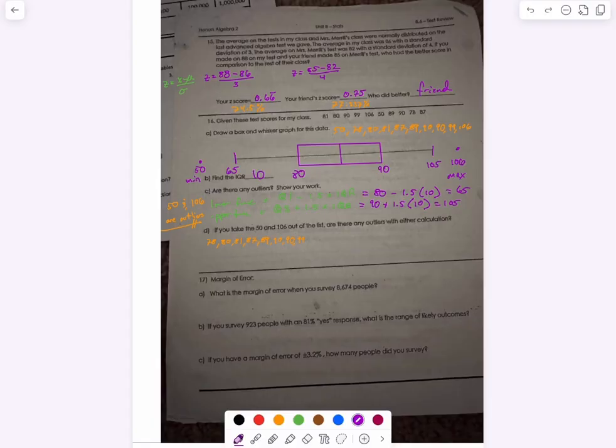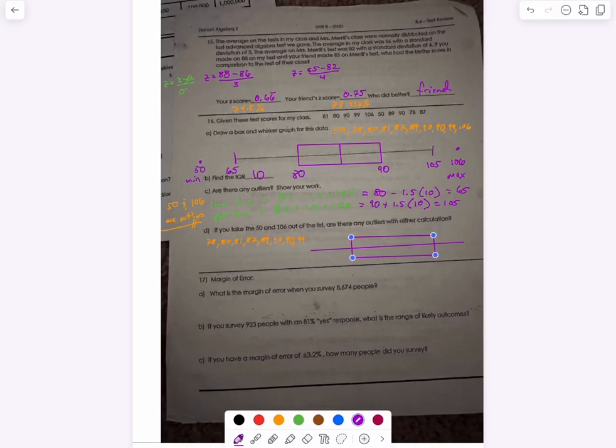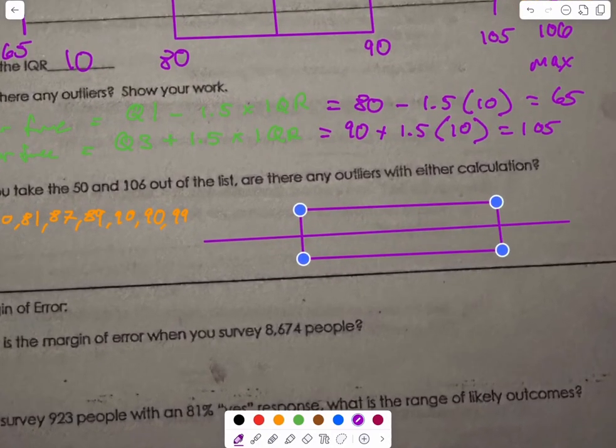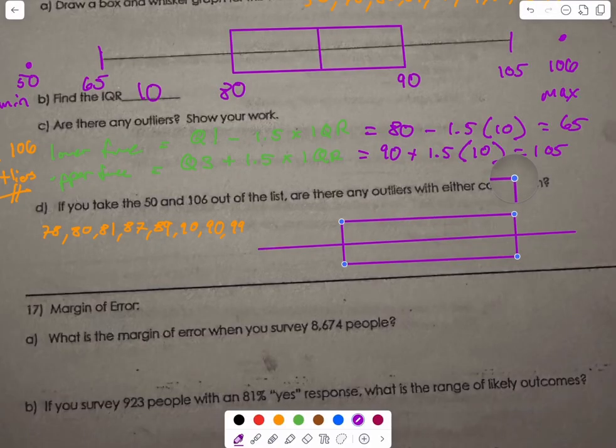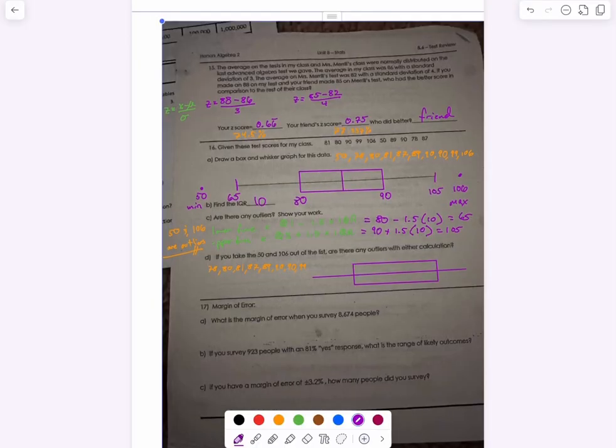I want to duplicate that. Okay, that's gonna do for now.